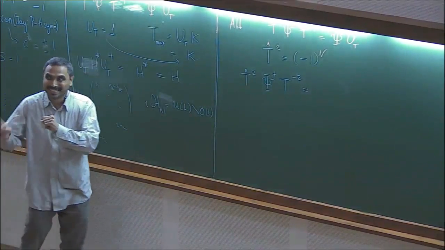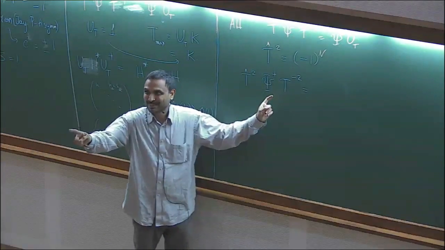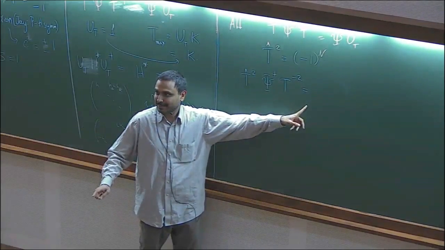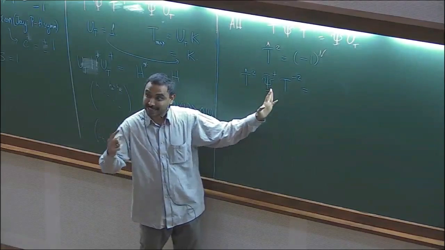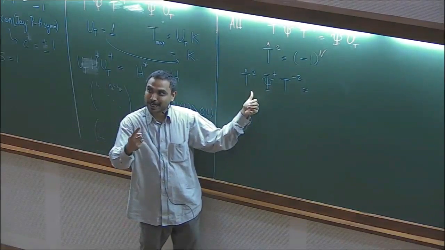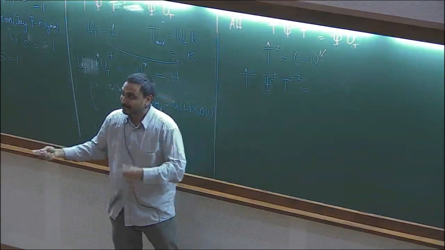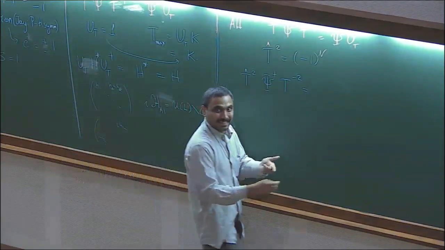No, negative signs do not cancel. You see, you fell into the trap. T squared on some n particle state will give you (-1)^n. You actually create one more particle now, and when T squared acts on that, it will give you (-1)^(n+1). So you will end up with a minus sign.